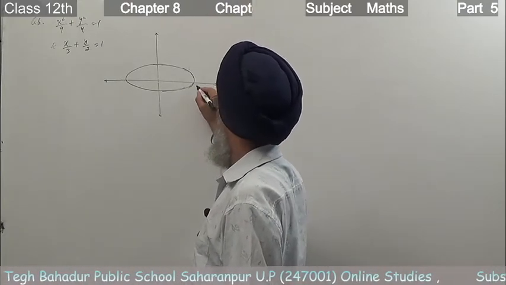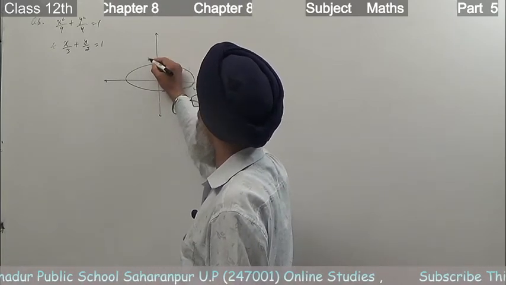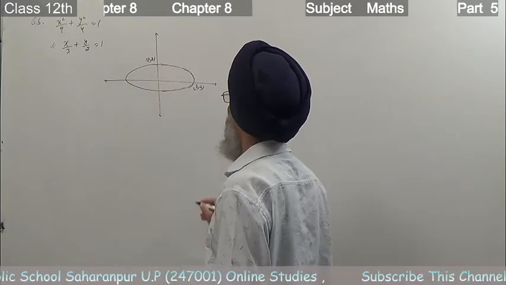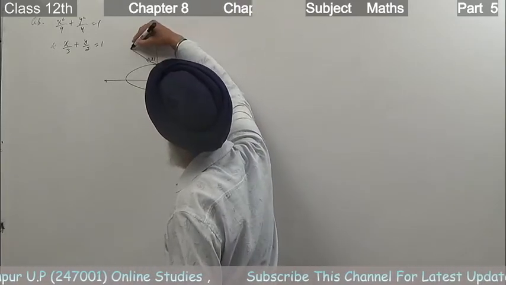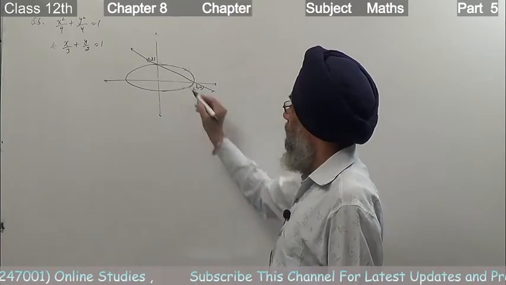It is the points 3, 0 and 0, 2, that is x is 3 and y is 2. The smaller region is this one.